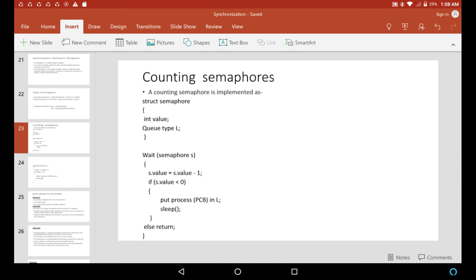That means the if statement becomes true, then it will execute the if body part, and that is nothing but putting the process control block for that process into the suspended list. Now this L is nothing but the suspended list. So for process P4, S value becomes -1.